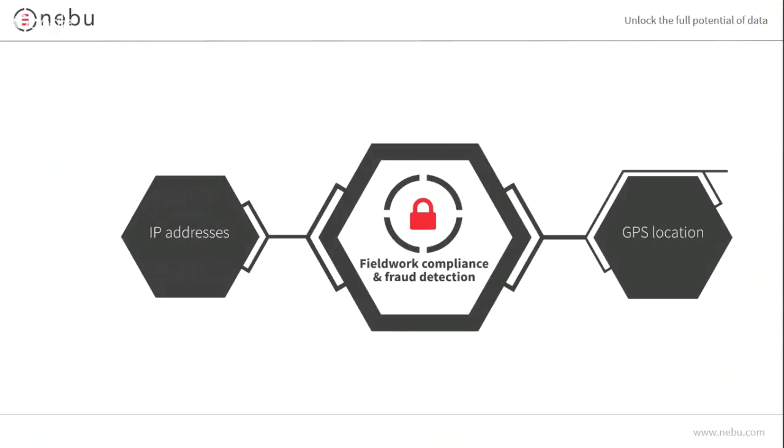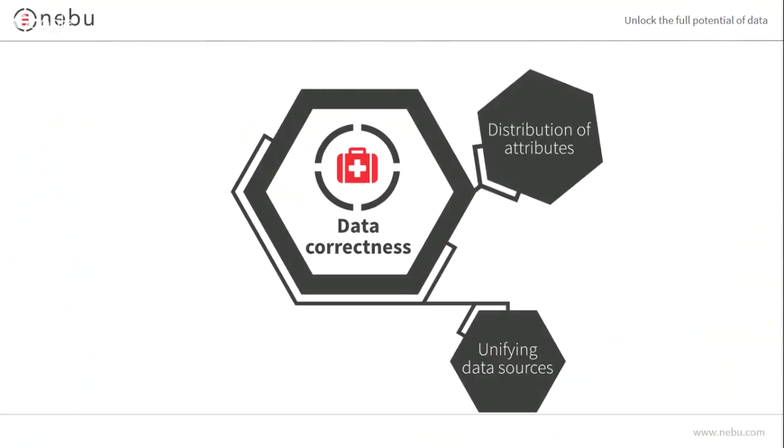Looking at the addresses, as we said, can help make sure that you've got compliance in your fieldwork, that there's no fraud happening there as well. And looking at the way attributes are going out, the distribution of them, outliers can flag up whether that data is correct or not, and having different data sources coming in, seeing where those work all together.